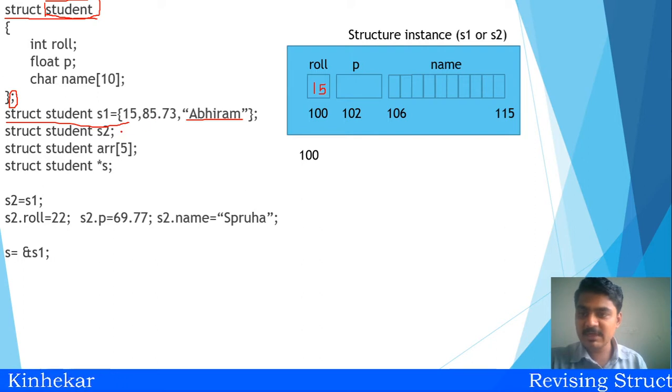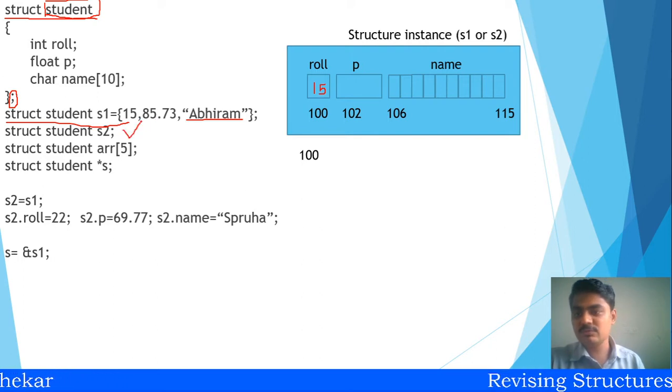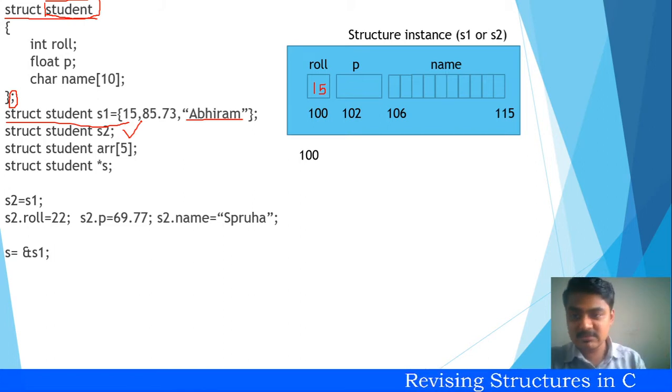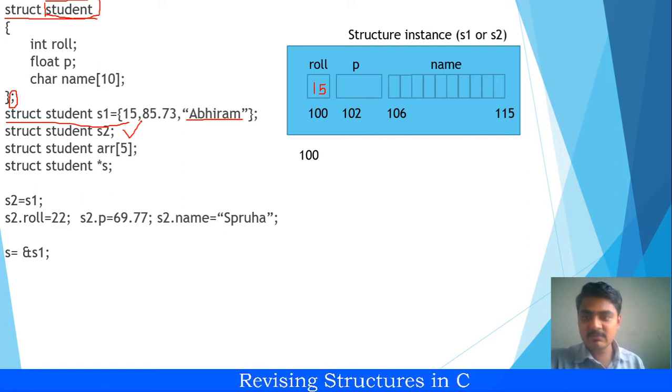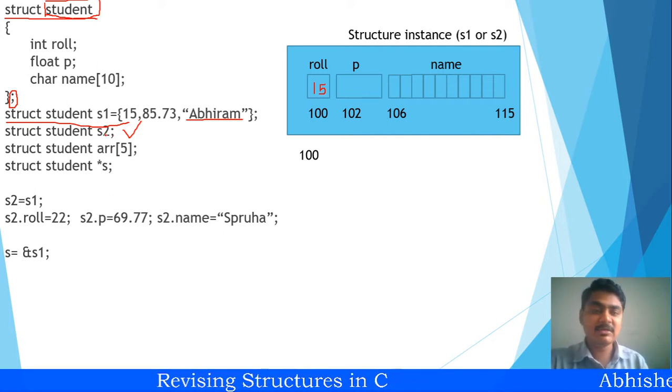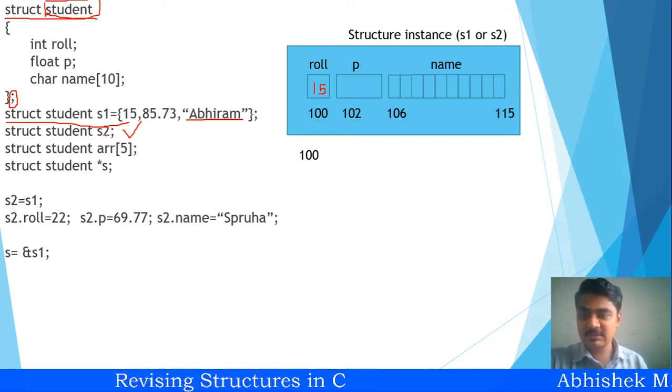We can simply write struct student S2. What does this mean? We can create another instance of student by the name S2. In the previous case, S1 is created and instantiated with values. In this case, only the instance is created, it is not yet initialized.